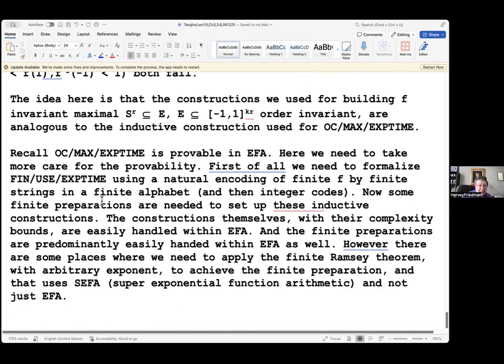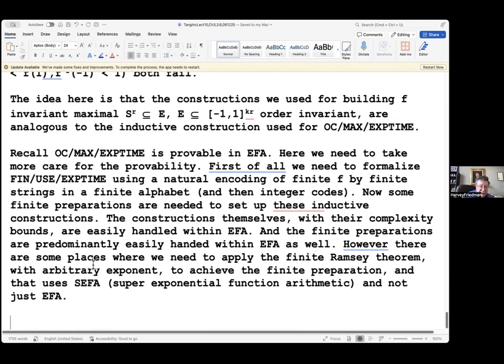The constructions themselves, with their complexity bounds, are easily handled within EFA. It's not a problem with the constructions, but the finite preparations are predominantly easily handled within EFA as well.